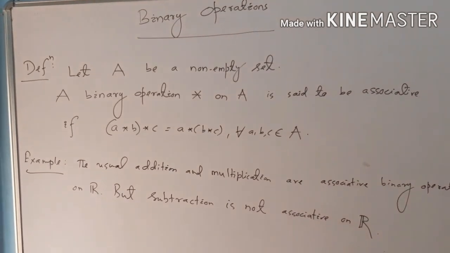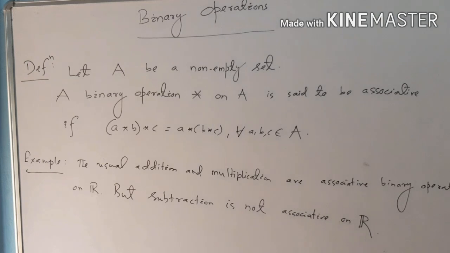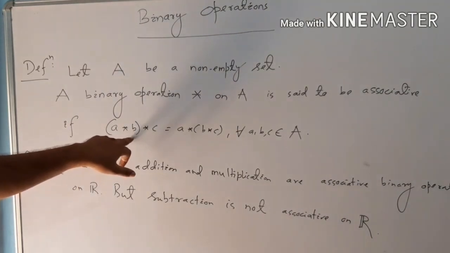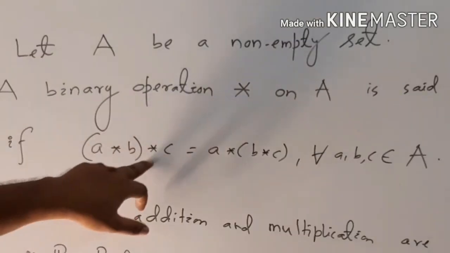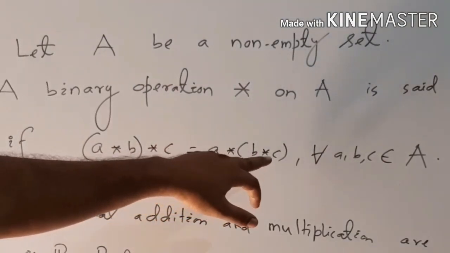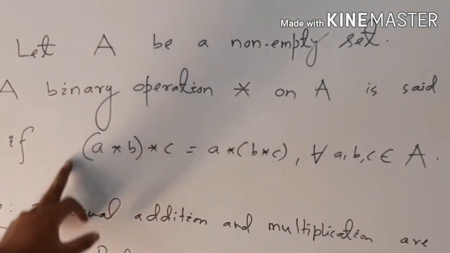Now I am going to define associative binary operation on a set A. Let A be a non-empty set. A binary operation star on A is said to be associative if (A star B) star C equal to A star (B star C). Here I am taking a bracket, starting here and ending here.